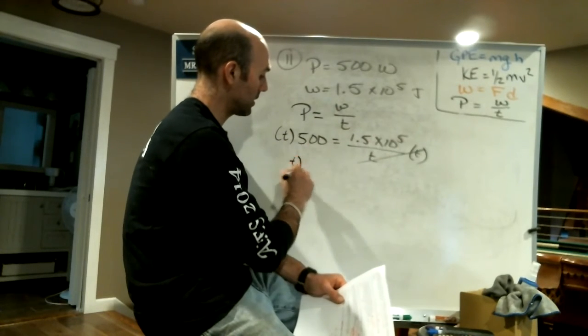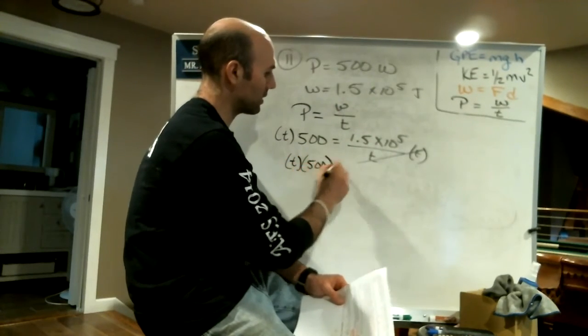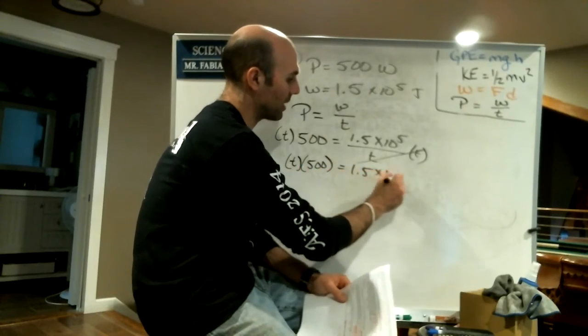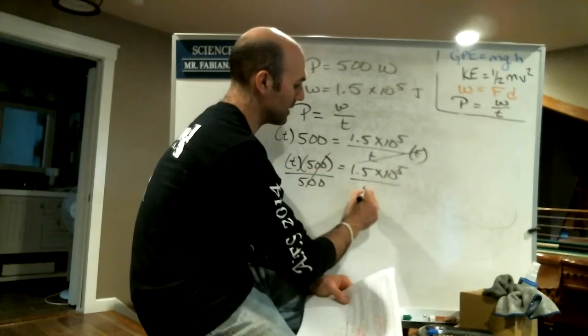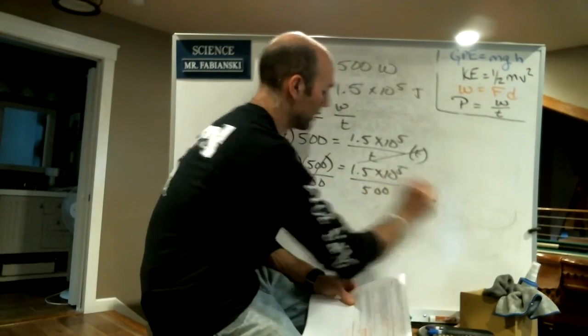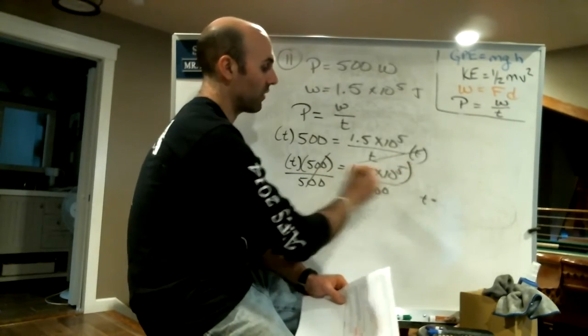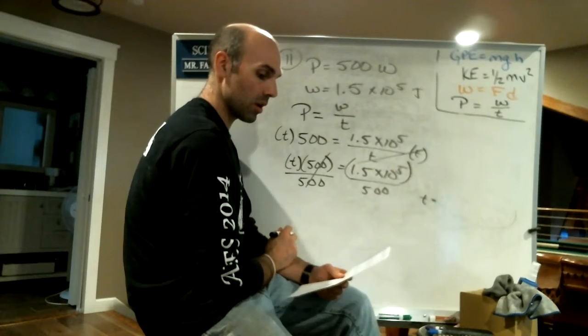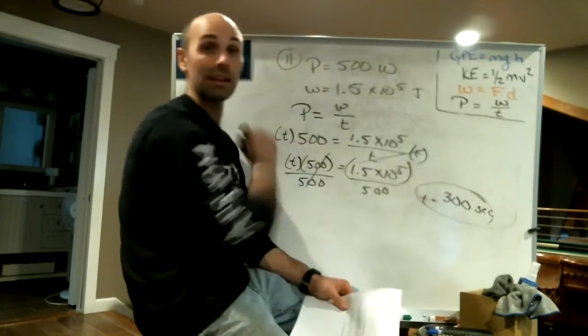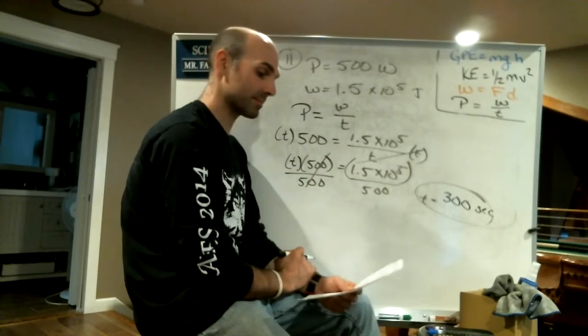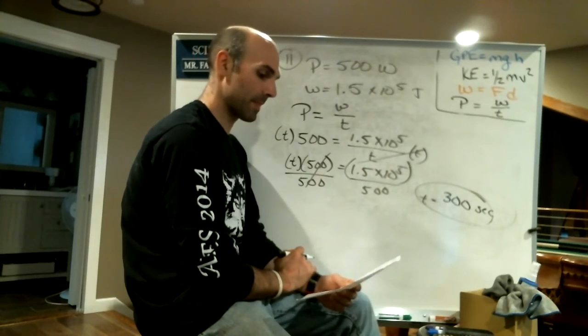So T times 500 equals 1.5 times 10 to the 5th. Now we divide by the 500 to get the T alone. And in doing this, 1.5 times 10 to the 5th divided by 500, we get 300 seconds. 300 seconds.